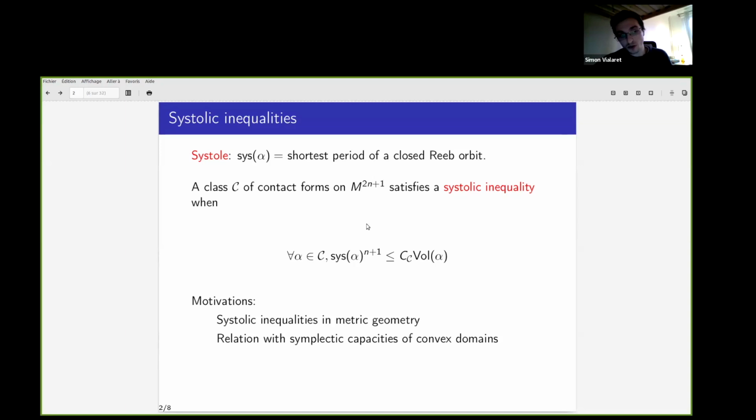We know that it's not true since the work of Chaim, Hind, Kislev and Ostrover, or at least for some relevant class of convex domains. And for all those capacities that agree with the systole, this inequality takes the form of a systolic inequality. So those are two reasons why we would like to prove systolic inequalities in the contact setting.